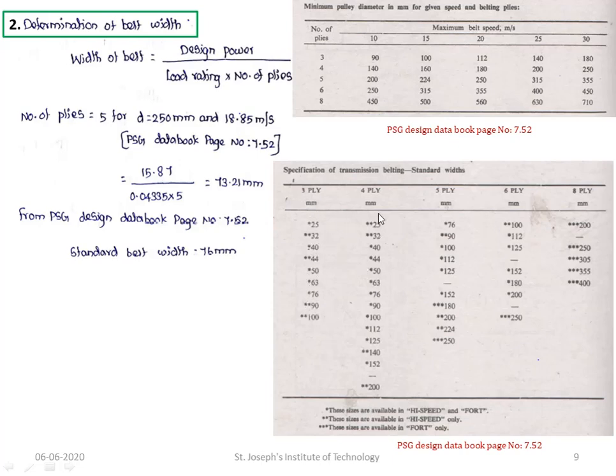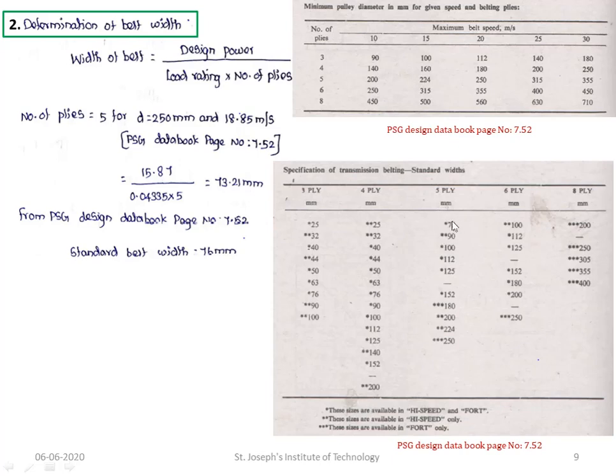If you have 4 ply, you can select one value from this. I have 5 ply, so I need to select one value from these values. My value is 73.21, so I can take the nearby value as 76 millimeter.